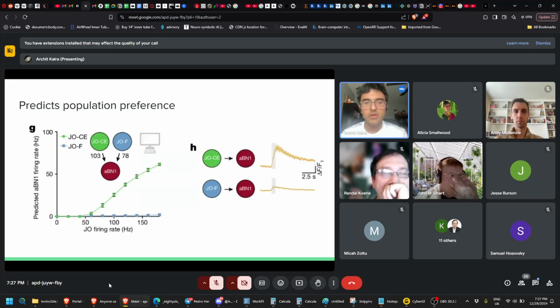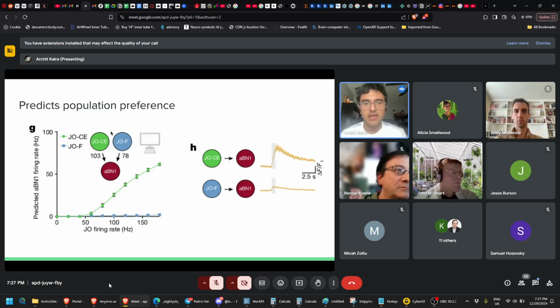One other thing that was focused on here was that there's a large number of Johnston's organ neurons, and there are different types of them. There's one coded CE and one coded F. And what the study did was they computationally analyzed what these neurons' activations would impact on ABN1 specifically, which is that interneuron.